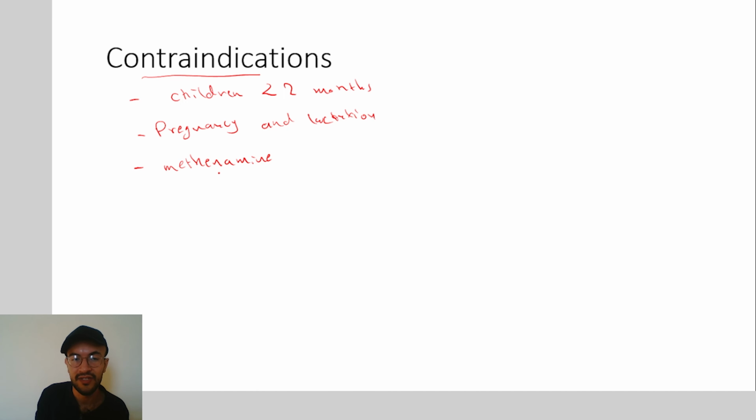The methenamine is a urinary antiseptic, and combining it with sulfonamides would lead to the sulfonamides crystallizing in the urine because of the presence of formaldehyde, because the methenamine would metabolize into formaldehyde, which would interact with the sulfonamides to cause crystalluria. So methenamine plus sulfonamides, we would get crystalluria.